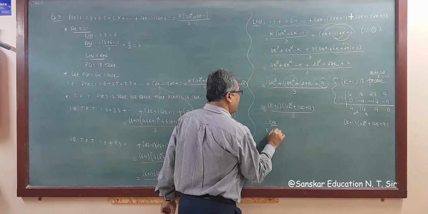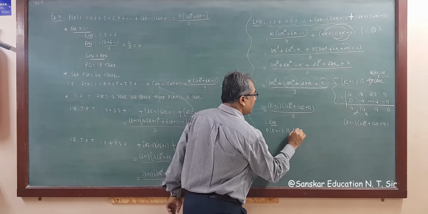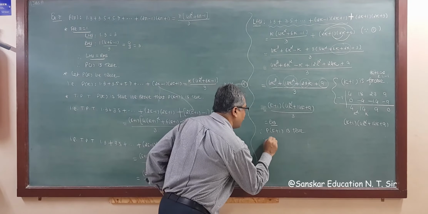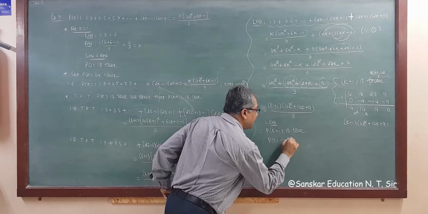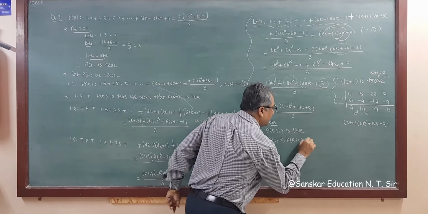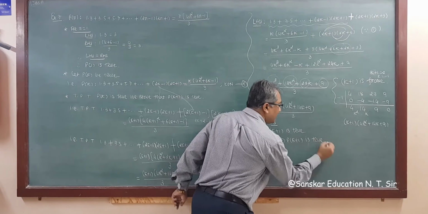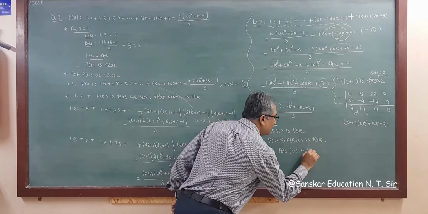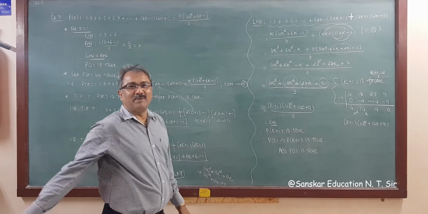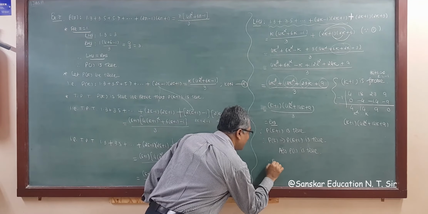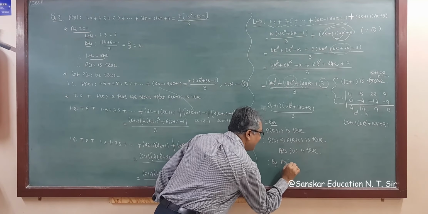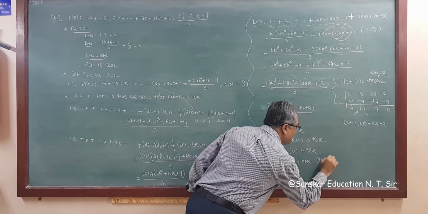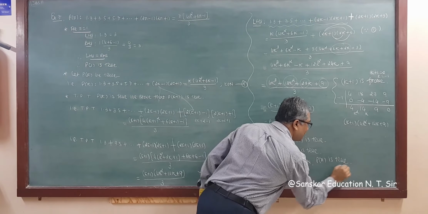Therefore, P(k) implies P(k plus 1) is true. Also P(1) is true. Therefore, by PMI, for all n belonging to N, P(n) is true. Got it?